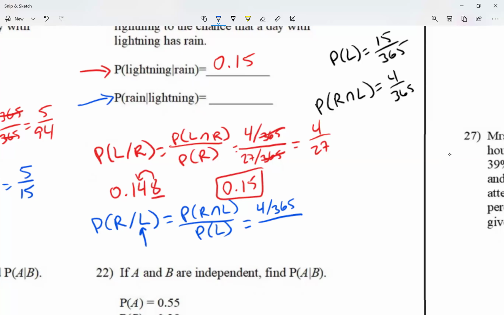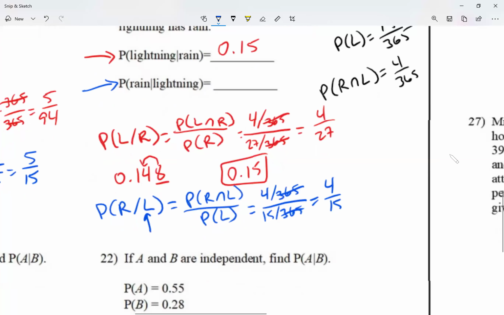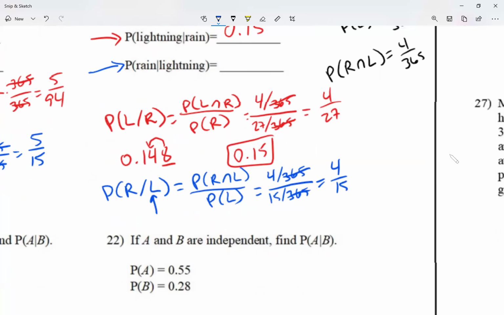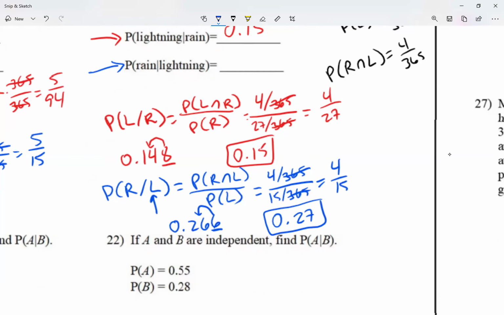What's the probability we see lightning? 15 out of 365. They have the same denominator, so it really means 4 out of 15. I grab my calculator. 4 divided by 15 gives me 0.266. My third decimal number is big enough, so I'm going to push the previous number up, and I'm going to call this 0.27. 0.27 or 27%, however you want to call it.